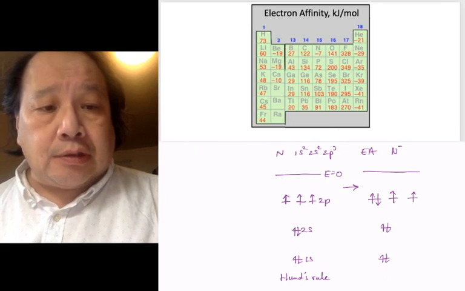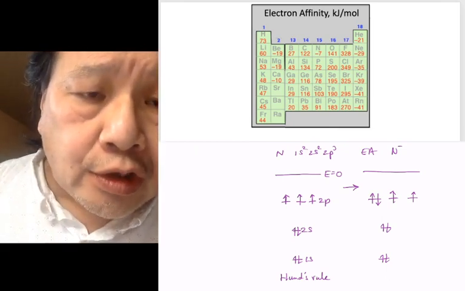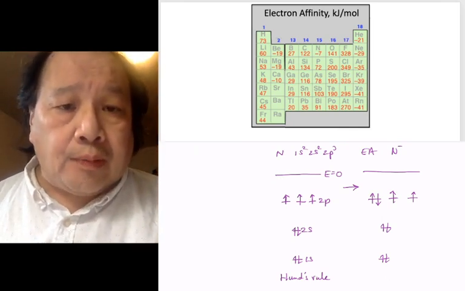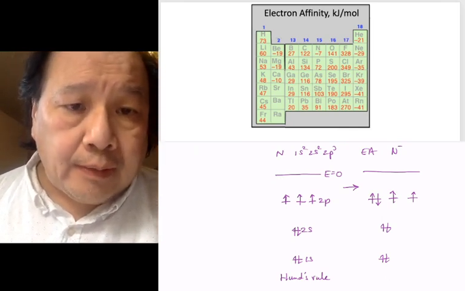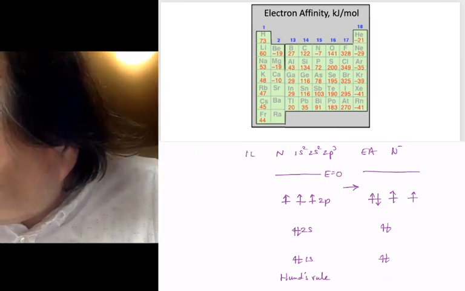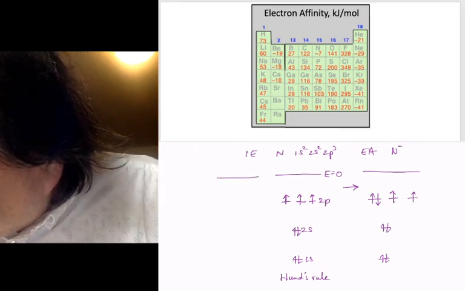And the answer is it's unfavorable, and therefore when we look at the electron affinity for nitrogen, it is a very small number, -7.